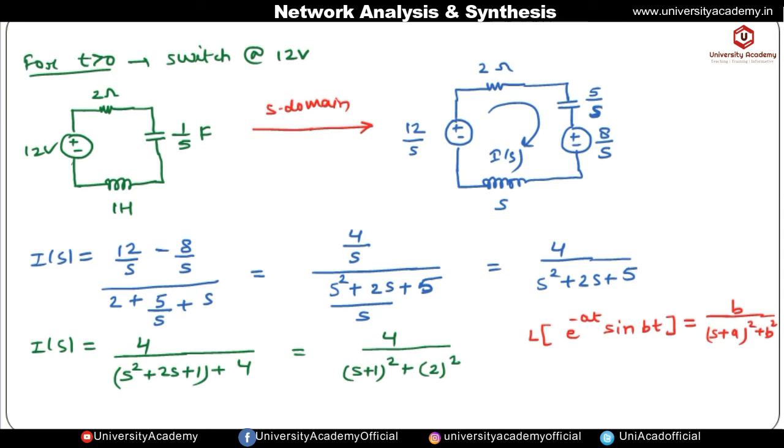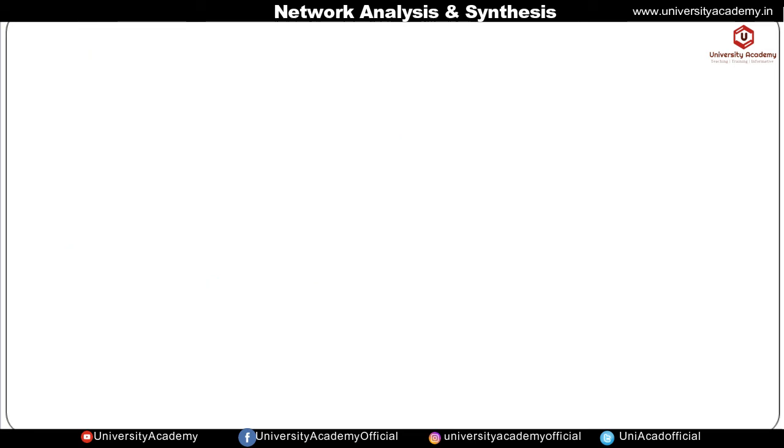In the numerator we want 2, so this 4 can be written as 2 into 2. After taking the inverse Laplace transform, we get the expression for i of t as 2 into e to the power minus t into sine of 2t ampere.